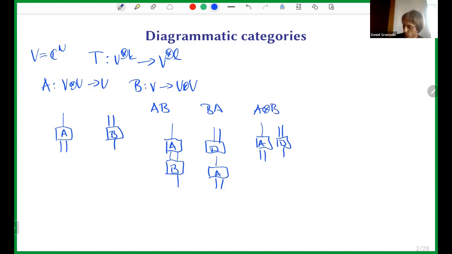And finally, if you want, you can also do conjugation.